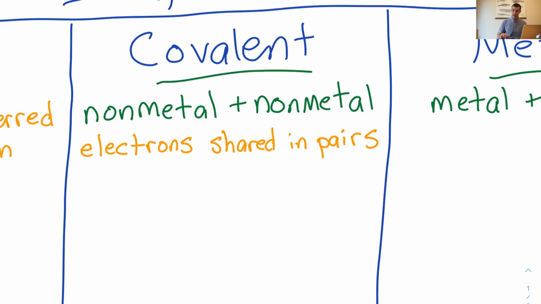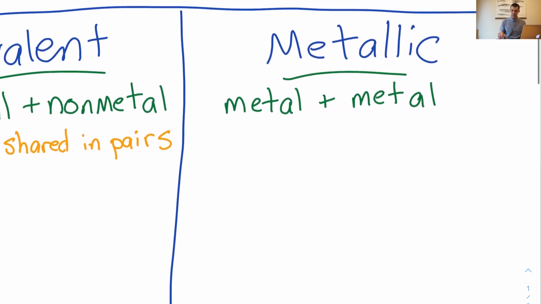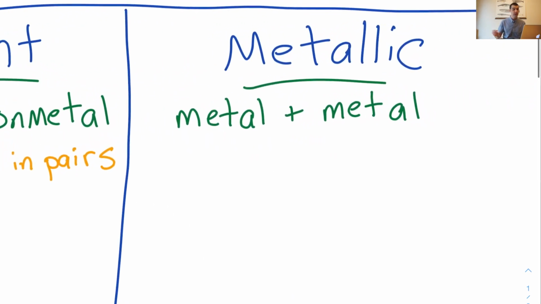Metallic bonds have something that in some ways is more simple and in other ways a little more complex. In a metal, when they all get together as friends, they have what we call delocalized electrons.